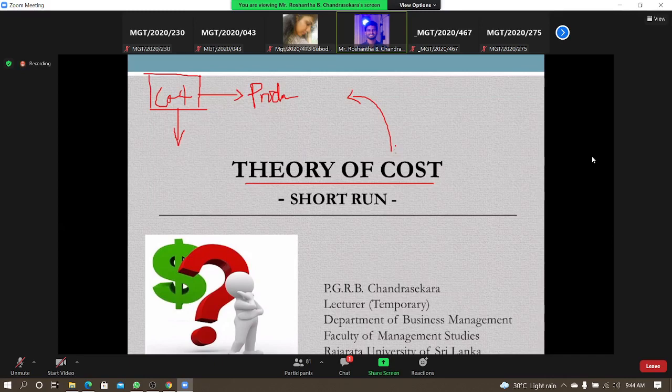I'll go to this side. What is the ultimate target, Lamai? What is the ultimate target of a producer, or any type of producer? What is the ultimate target? Anyone?